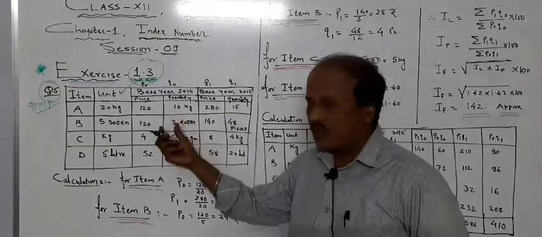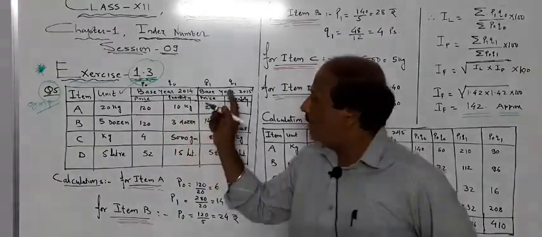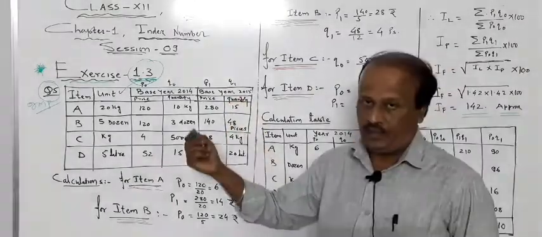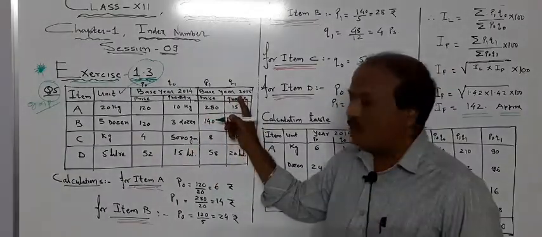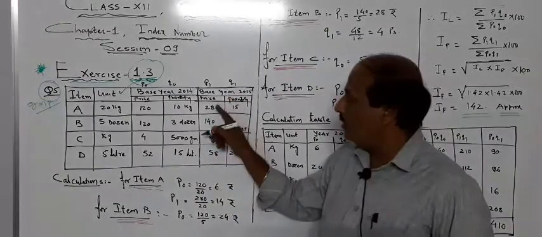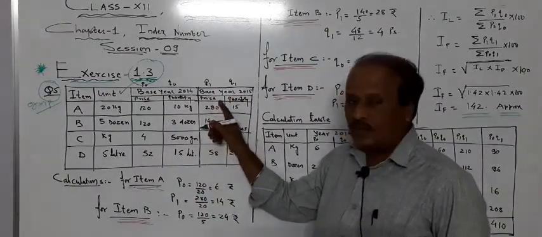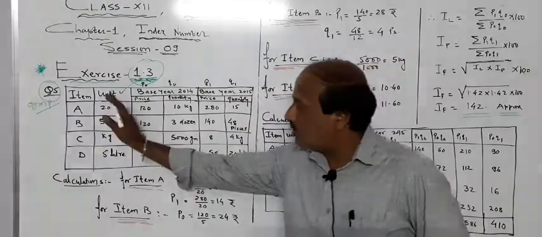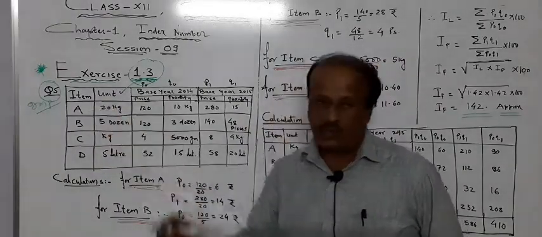This is a direct question from my exercise. Then one more year is given, 2015, which I took as the current year. So the price and quantity of the current year are given. This table is given as question number 5.